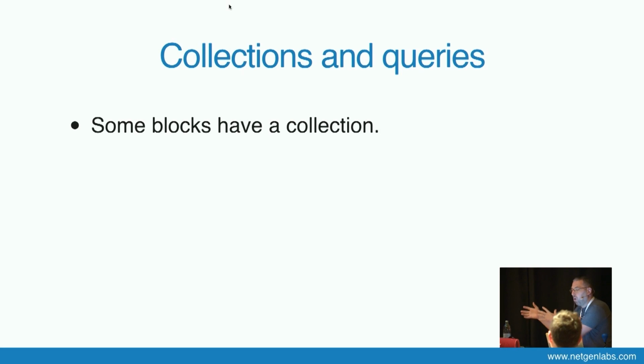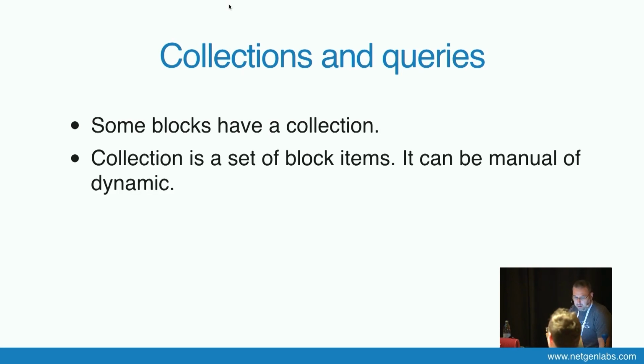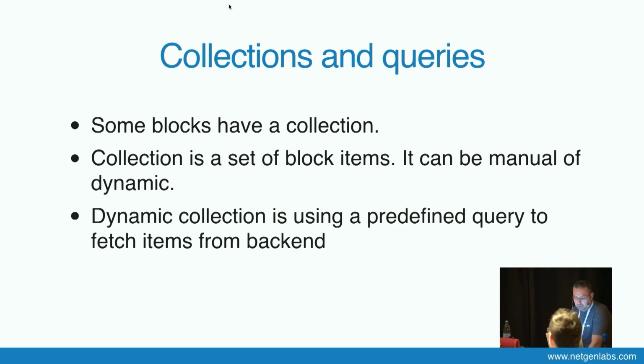If it's done dynamically, then you choose a query which fetches the data from the backend system. Some blocks have a collection, not all. For example, a title block doesn't have a collection, but a grid block does. A collection is a set of block items, manual or dynamic.